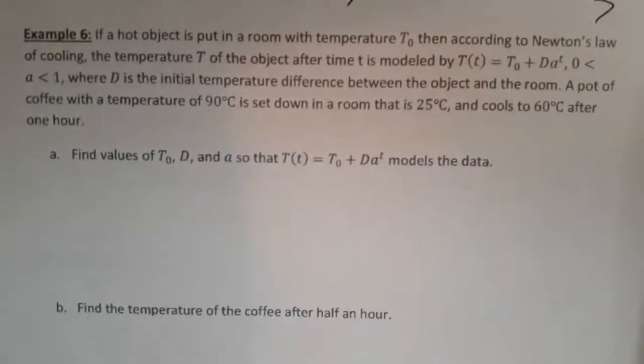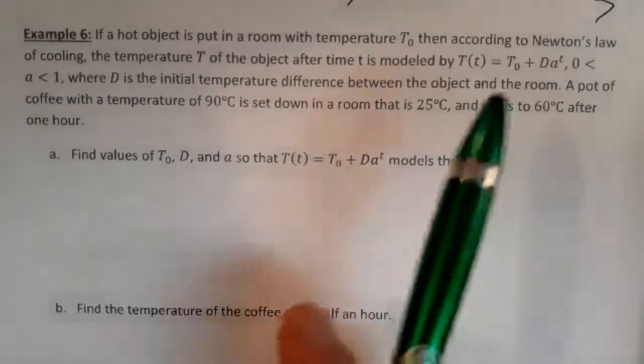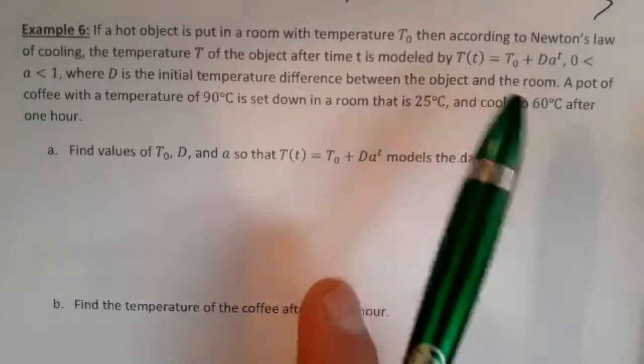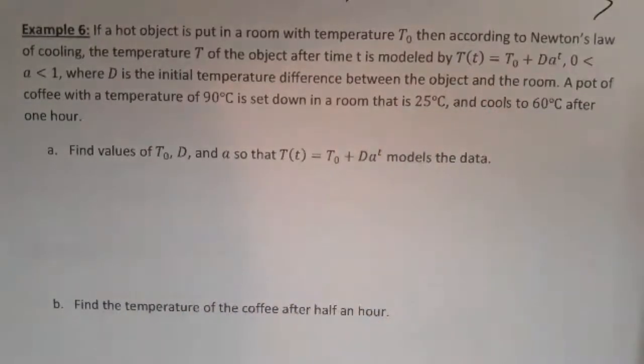If a hot object is put in a room with temperature T naught, then according to Newton's law of cooling, the temperature T of the object after time t is modeled by this function, T of t equals. Notice the case matters, right?